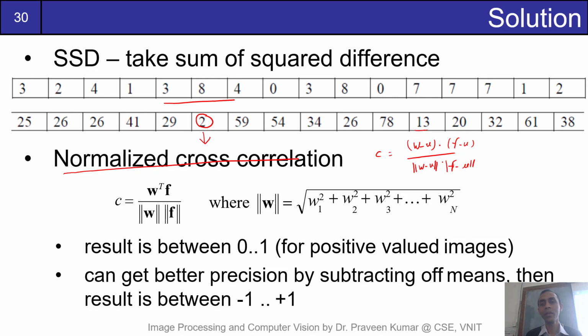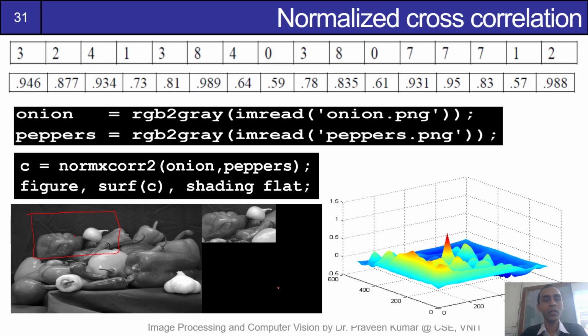If I subtract off the mean, then the correlation scores will range from -1 to +1. This is basically how you stretch the range. Sometimes that is useful because otherwise the values become too close, and picking out a distinct peak becomes difficult. So it's better if you can do a stretching.